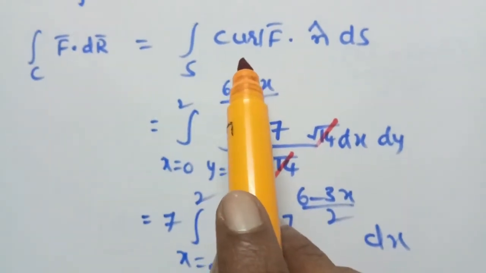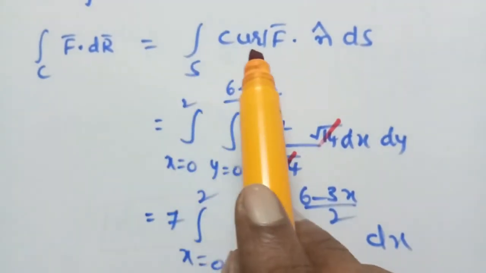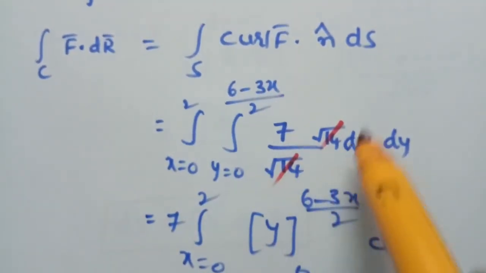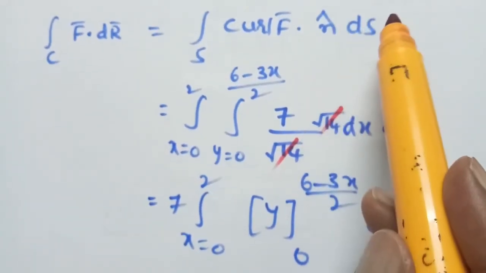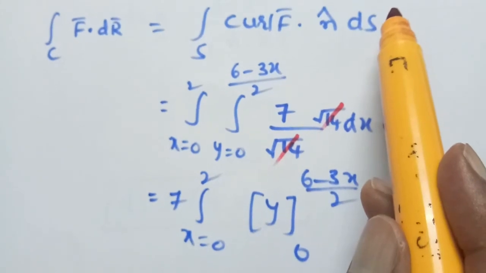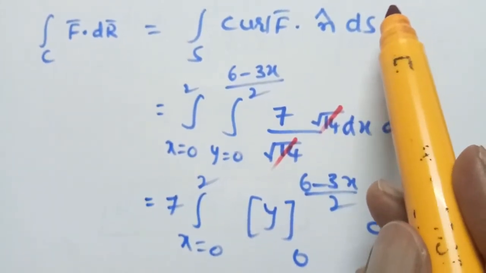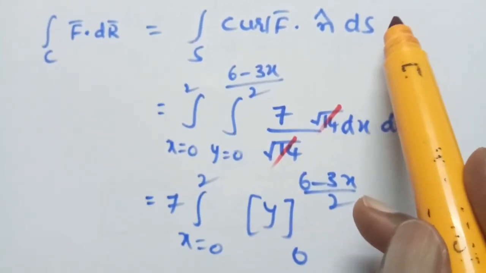We can also evaluate this by another method. Here the integral over S of curl f bar dot n cap ds becomes the integral over S of 7 by root 14 ds, where S is the surface bounded by the triangle, that is the area of the triangle. 7 by root 14 into the area of the triangle.